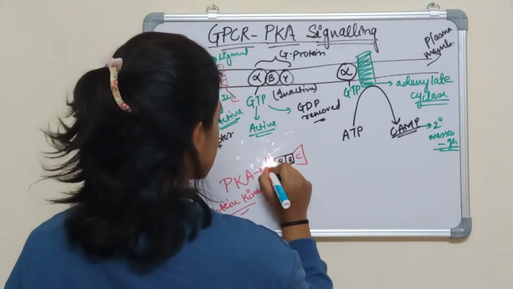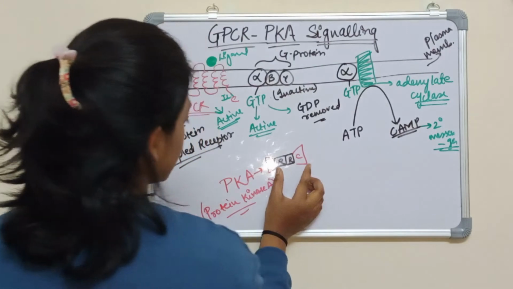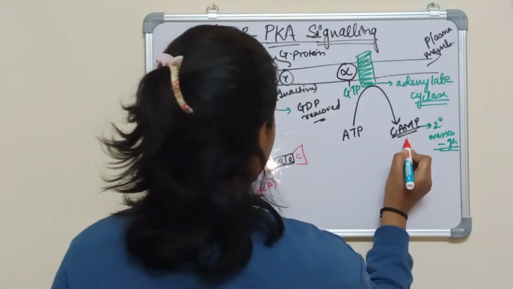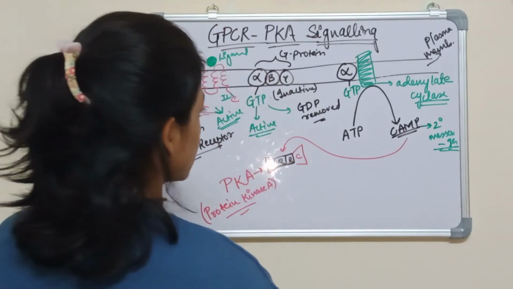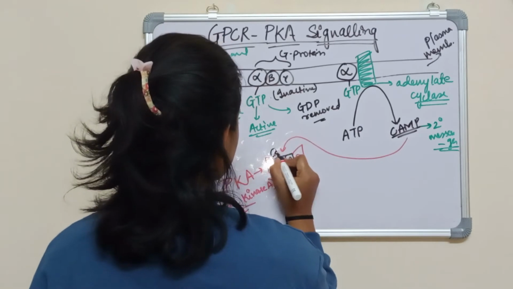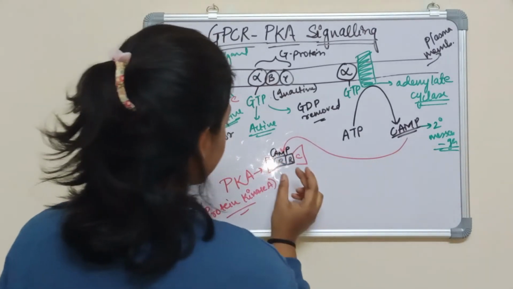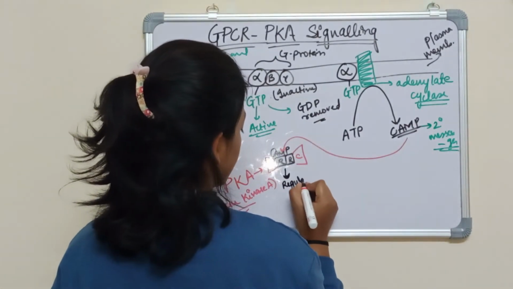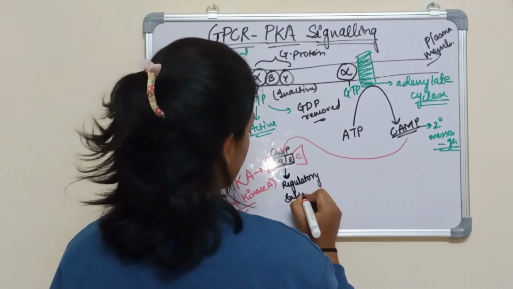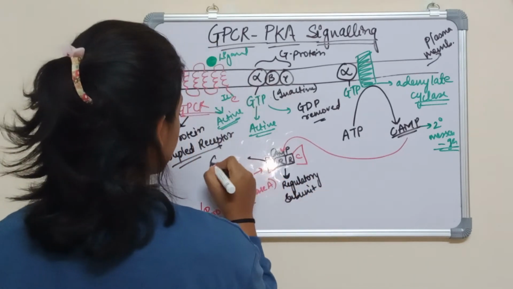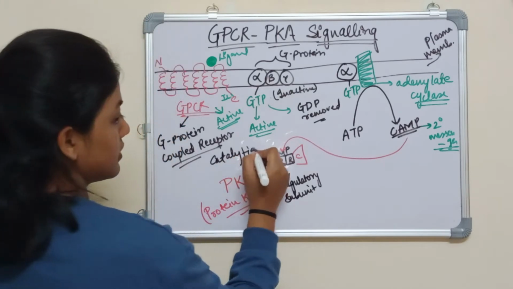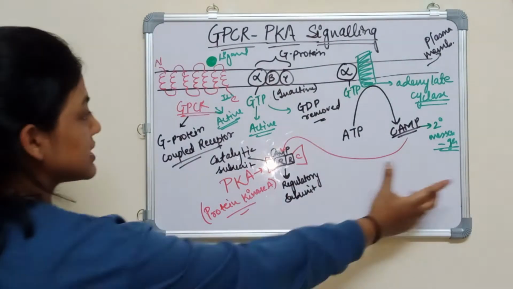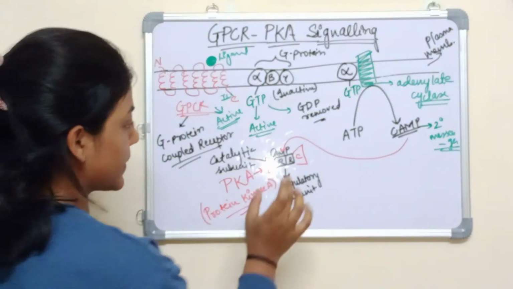So this cAMP will come and bind to the regulatory subunit of PKA, and this is the catalytic subunit of PKA.